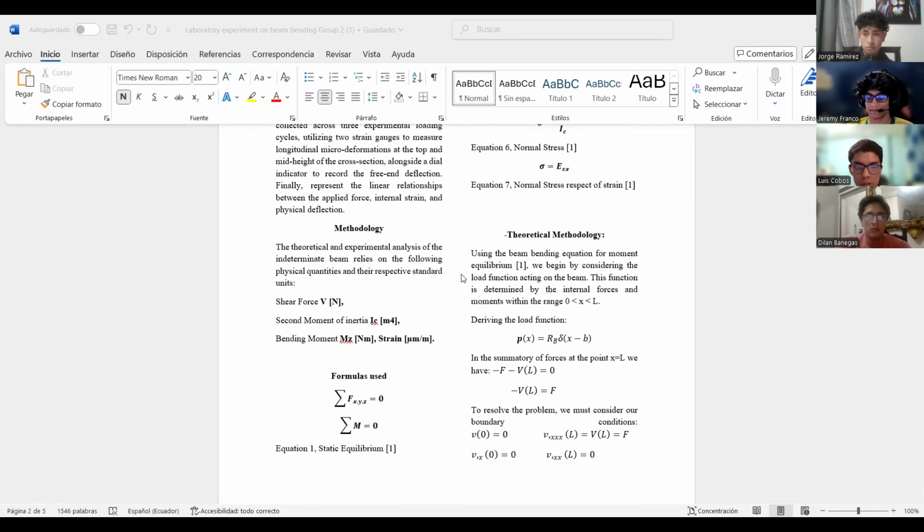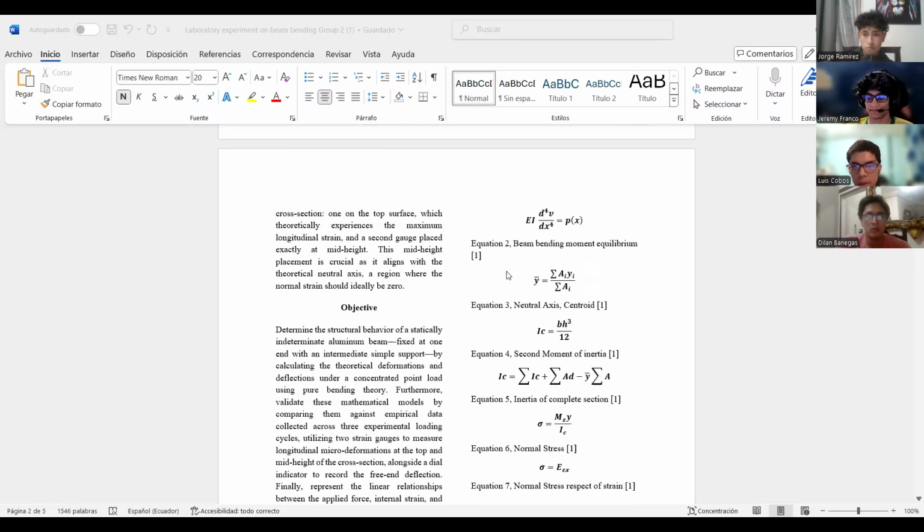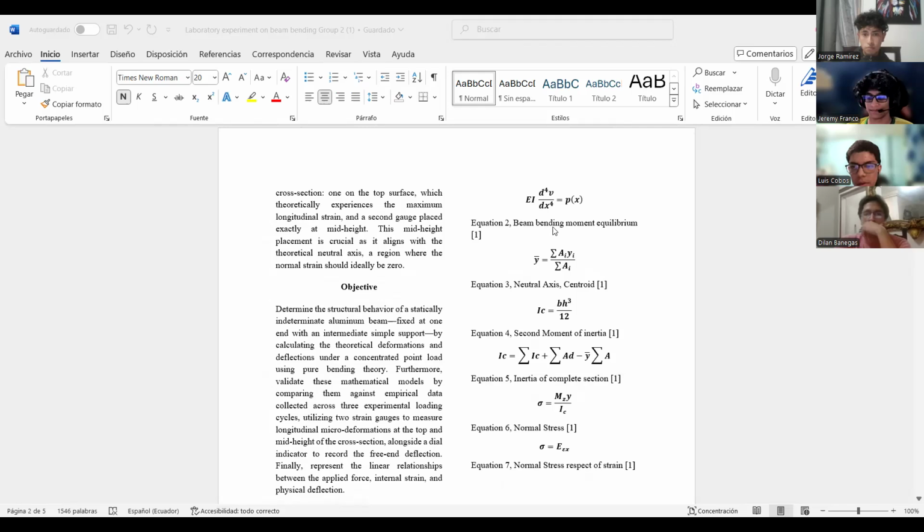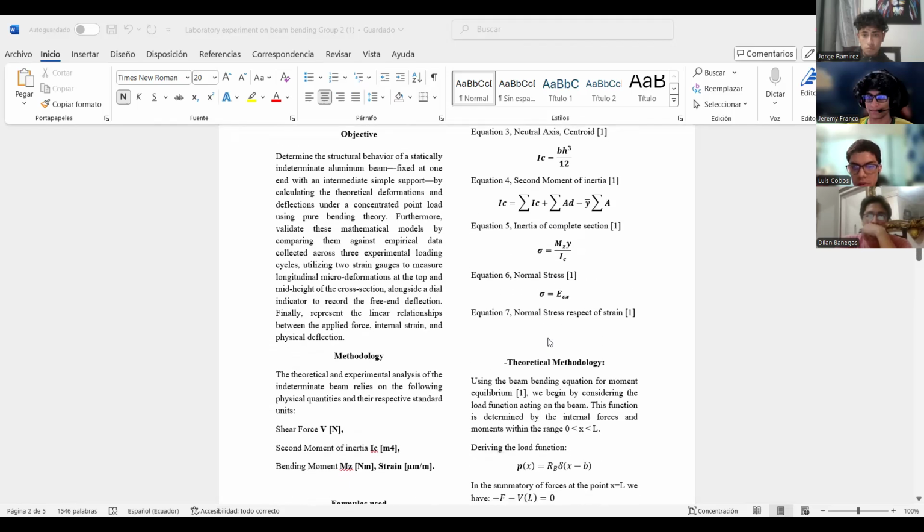We're going to use the formulas of static equilibrium. Here we have more equations: the bending moment, neutral axis, second moment of inertia, inertia of the complete section, normal stress, and normal stress with respect to strain.